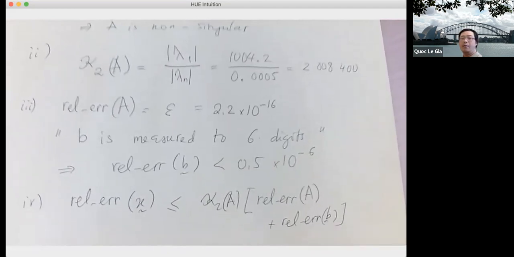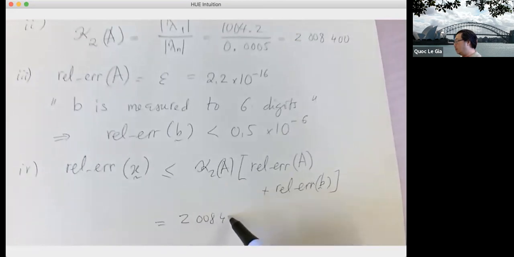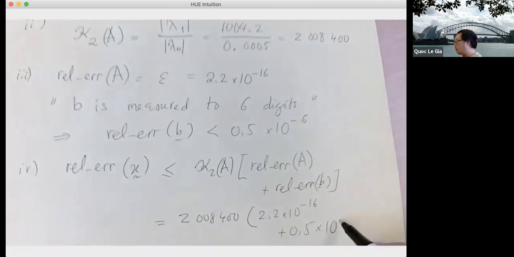And now we have all that information, so you just put it in. The condition number is about 2 million. The relative error in A is 2.2 times 10 to the minus 16, and the relative error in B is 0.5 times 10 to the minus 6.